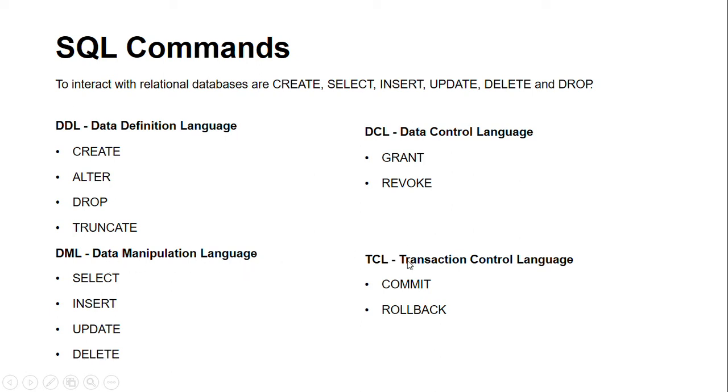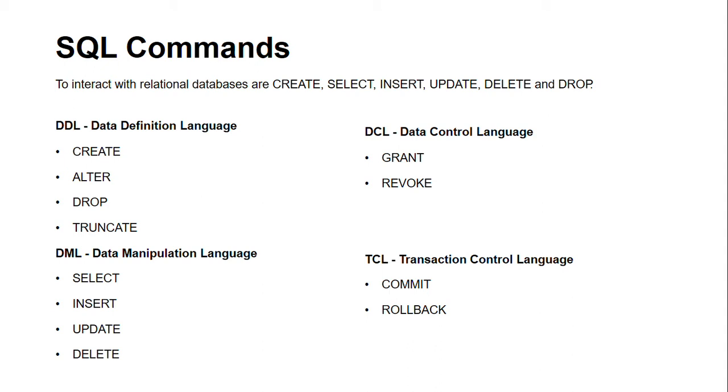Later on we have transaction control language. Once we are performing an insert or update statement, we have to do commit as well. Previously we were saying this is the information we want to save. So through this commit, whatever transaction we have fired, we are saving that information.